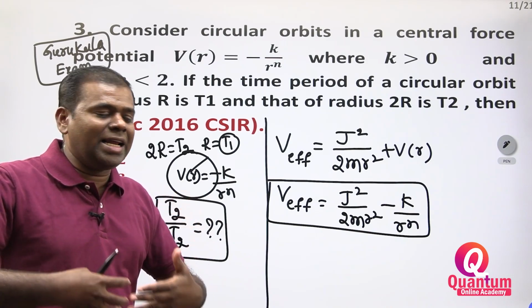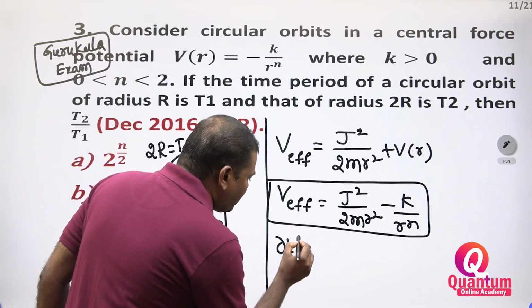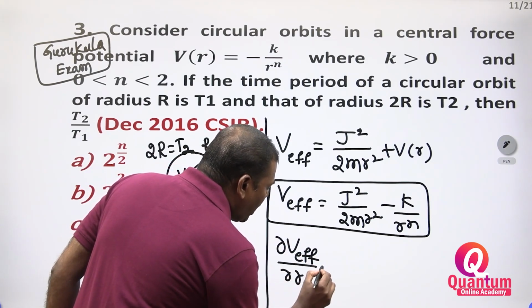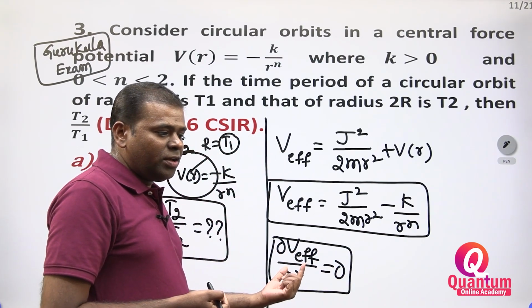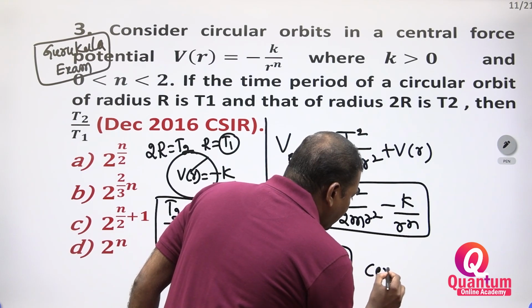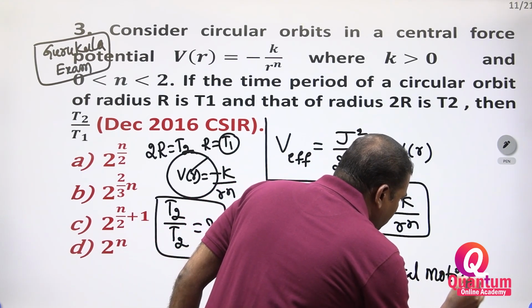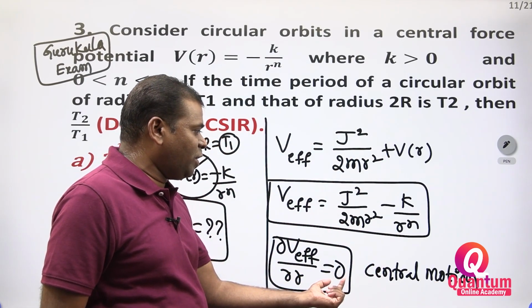First we have to calculate the first derivative with respect to r. Under central force, circular and periodic motion, we have to take ∂V effective by ∂r equal to 0.